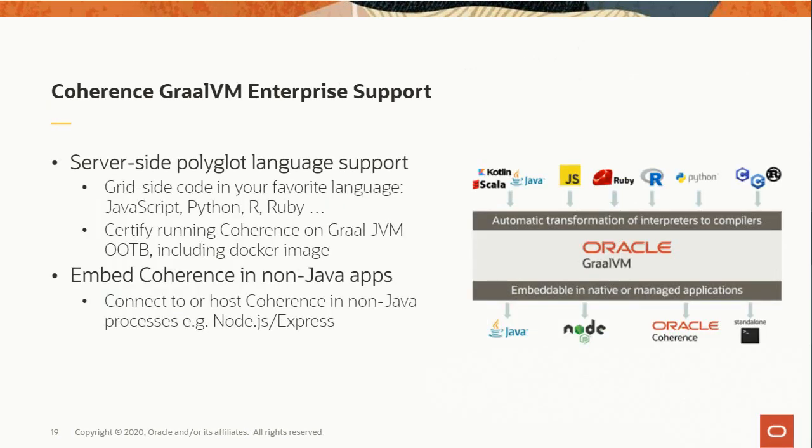What we did in Coherence 14.1.1 with the Polyglot API was allow you to write grid-side code in non-Java languages, initially JavaScript with more coming. We certified running Coherence on GraalVM out of the box, including our Docker images, which can run on GraalVM or contain GraalVM.